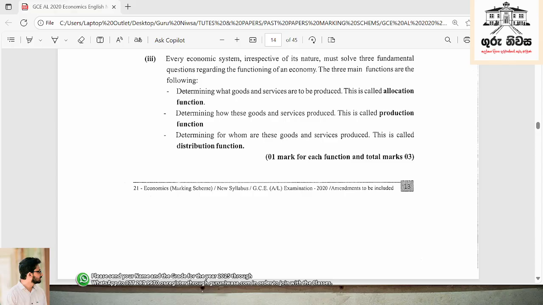Lamai, I don't expect answers from you like the answers in the marking scheme. I myself cannot do that. But you need to follow the same structure, Lamai, not the same words, and the same points.